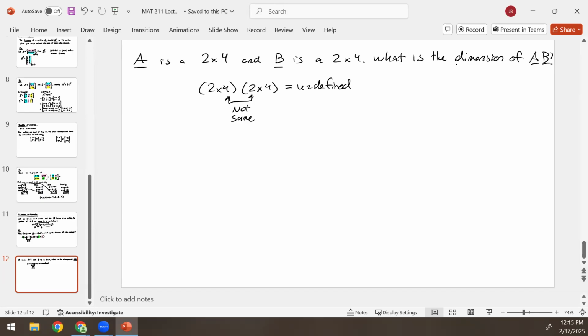Now, if you have two square matrices, they will always be defined in terms of multiplication. A is 3 by 3, and B is 3 by 3. What is the dimension?